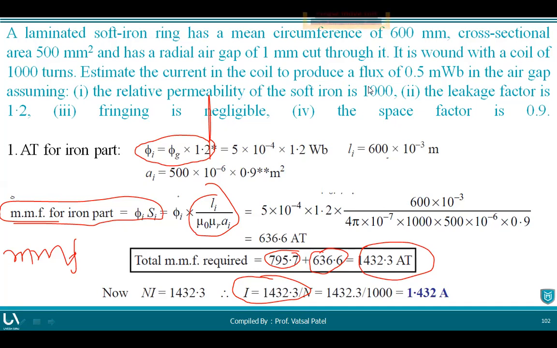If we go for the fringing effect, then the total flux will be reduced, and that we have to identify. So that is also a challenging part for us, to identify how much the fringing effect will be applied to that core.